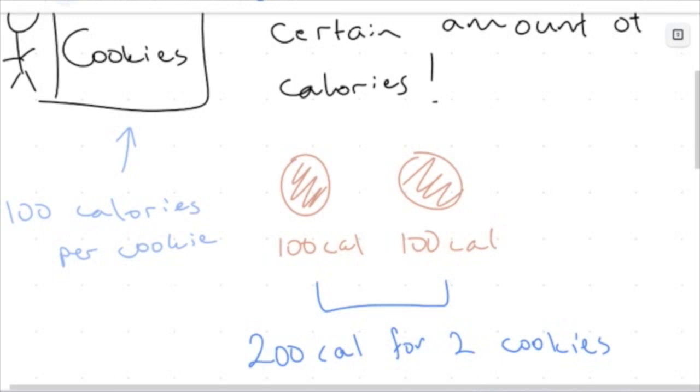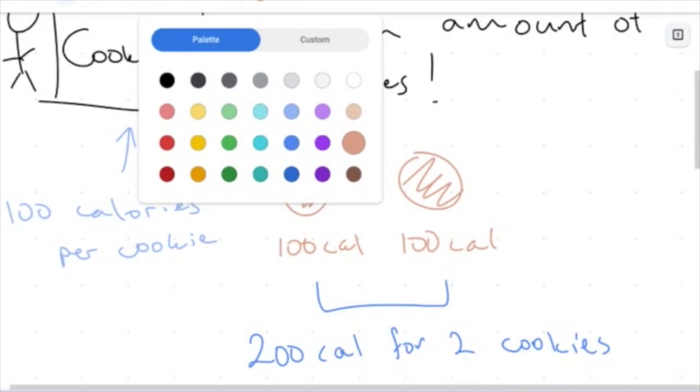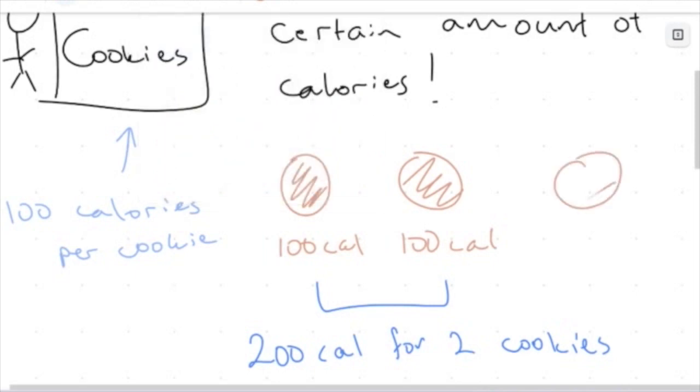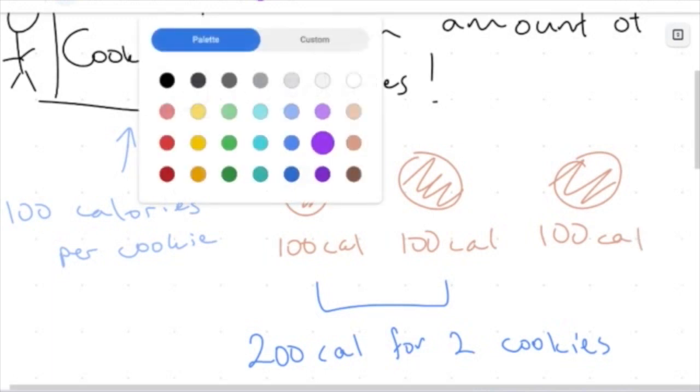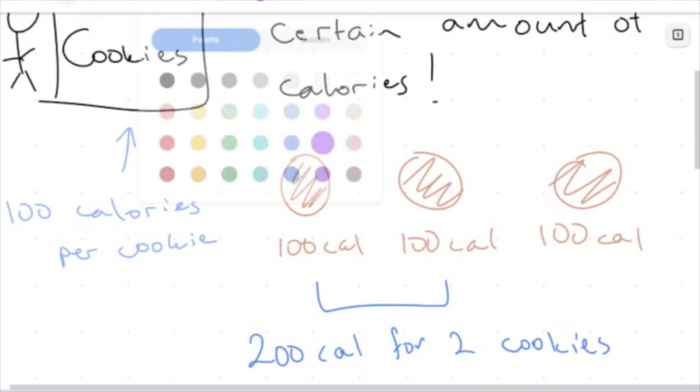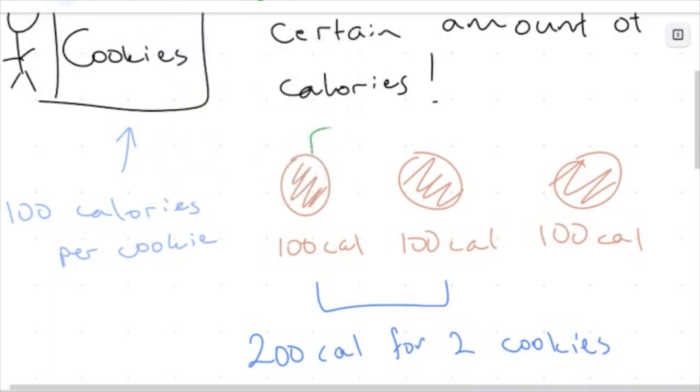And this is going to keep going up. If I add a third cookie here, that's another 100 calories. So instead of 200 calories, I've added another 100 calories to this. So I have 300 calories for 3 cookies.